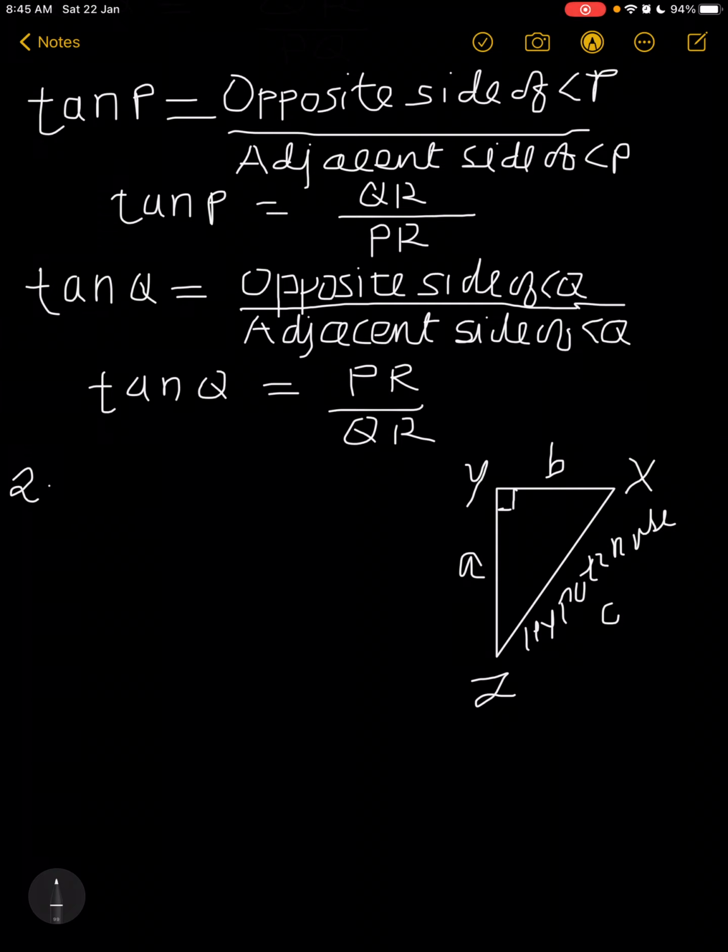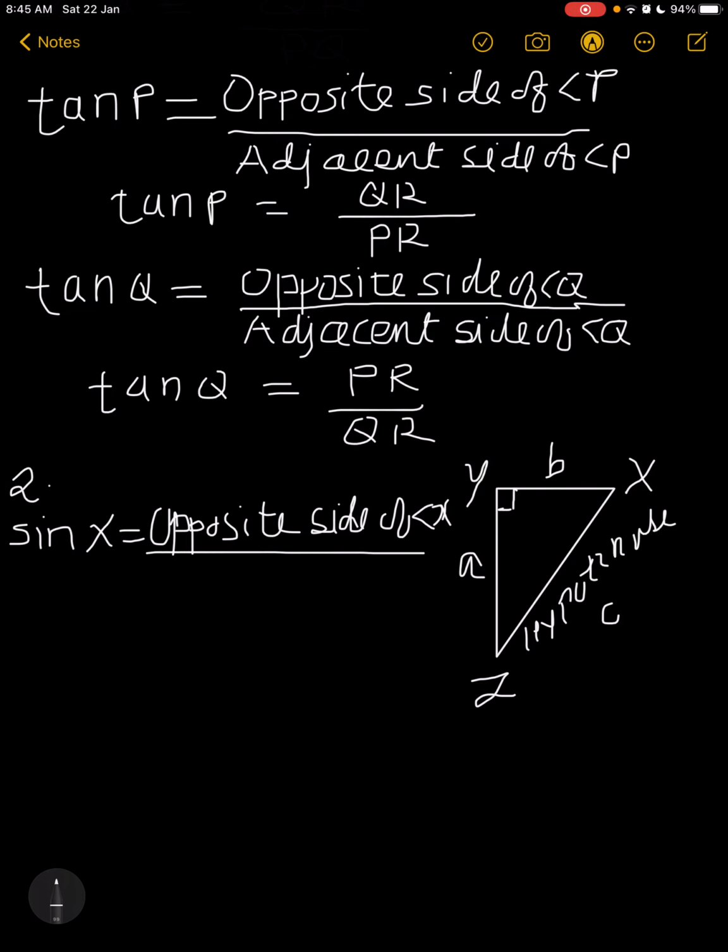Write the ratios sin X, tan Z, cos X and tan X. Ratio number 1 is sin X. So all the boys and girls, first we will write the definition: the opposite side of angle X divided by the hypotenuse.